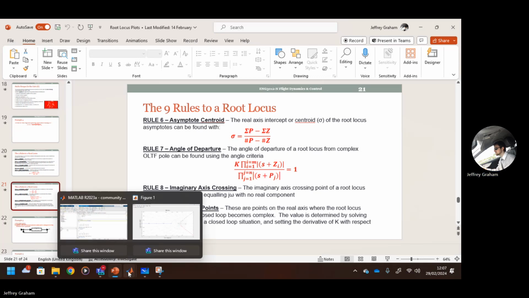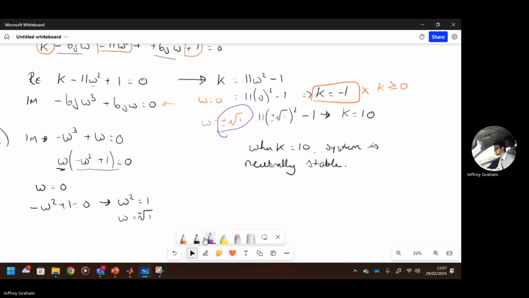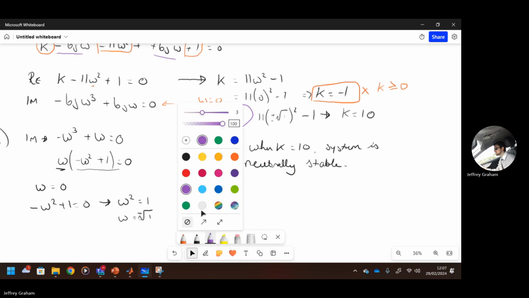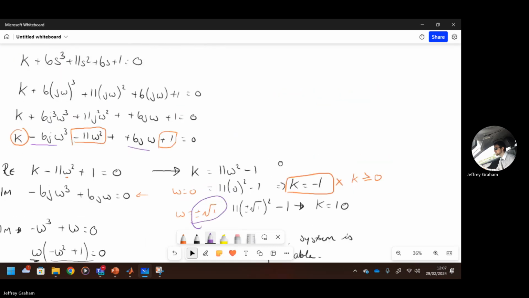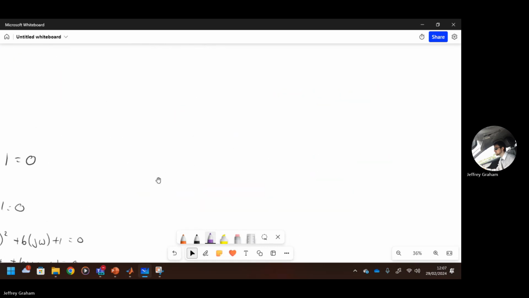So rule number 9, just to finish off. Right, start at the same point.